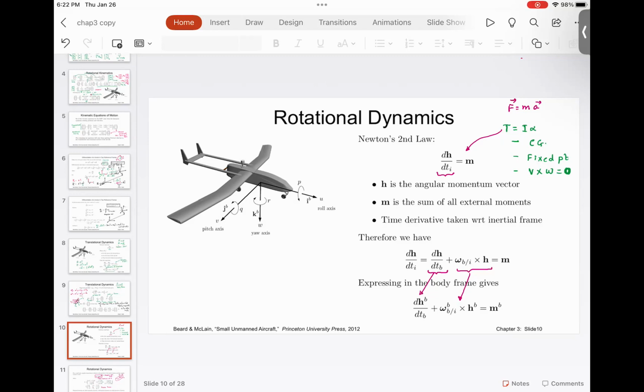So basically, if you think about it, mass times acceleration gives you force, force multiplied by distance gives you torque, and these terms match. This term, MAD term, is not present when you take moment about the fixed point or you take moment about the CG. So that's why this is not preferred.